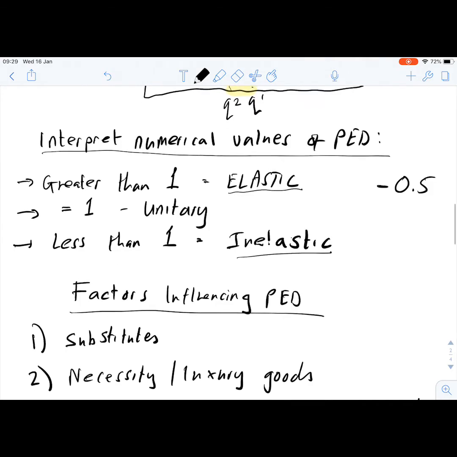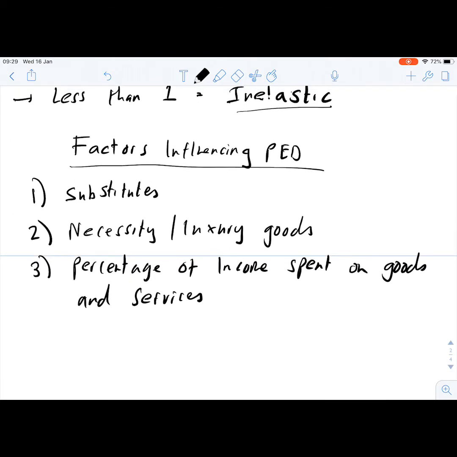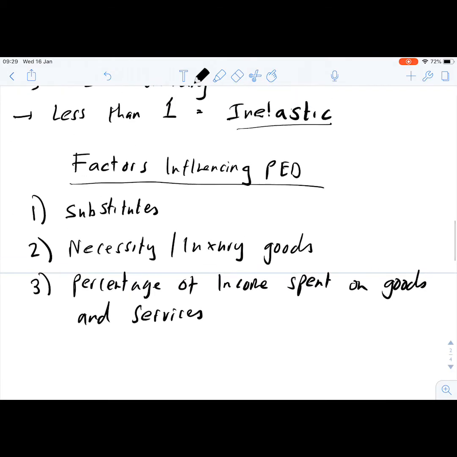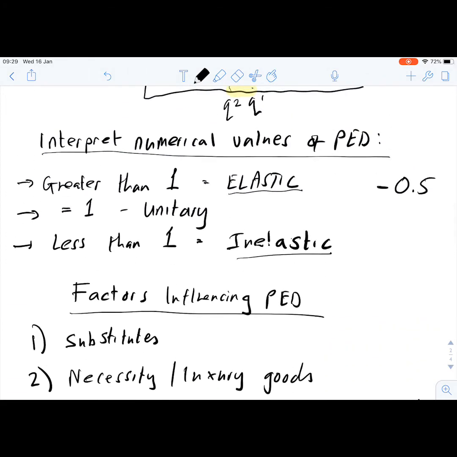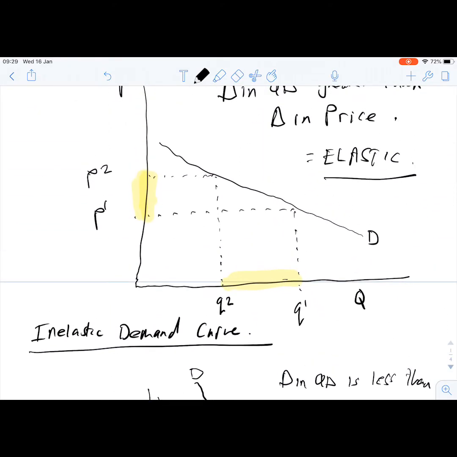Okay, so what factors influence price elasticity of demand? The first one is substitutes. So if a product has loads and loads of substitutes, if the price increased, then consumers would go and buy one of the many substitutes instead.